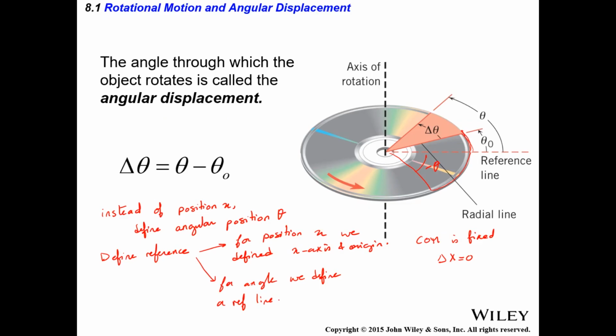Things in the fourth quadrant are negative angles. Things in the first quadrant are positive angles. I will write this in a nicer, easier way. Angles counterclockwise from the reference, I'll take them to be positive. So here, the angles I have, theta 0 and theta, I'll take these to be positive angles.